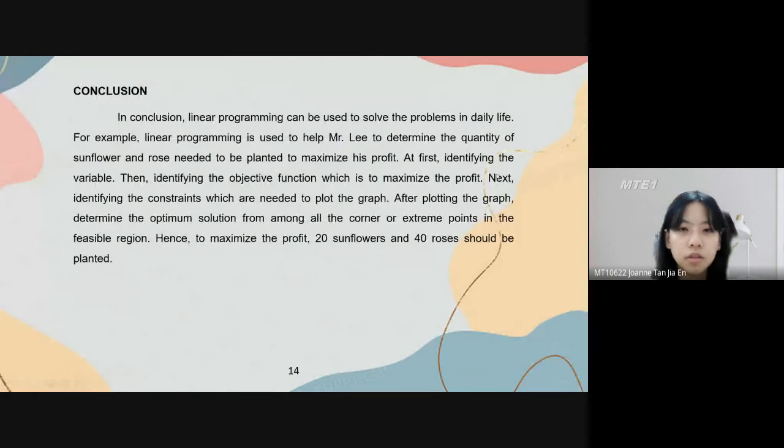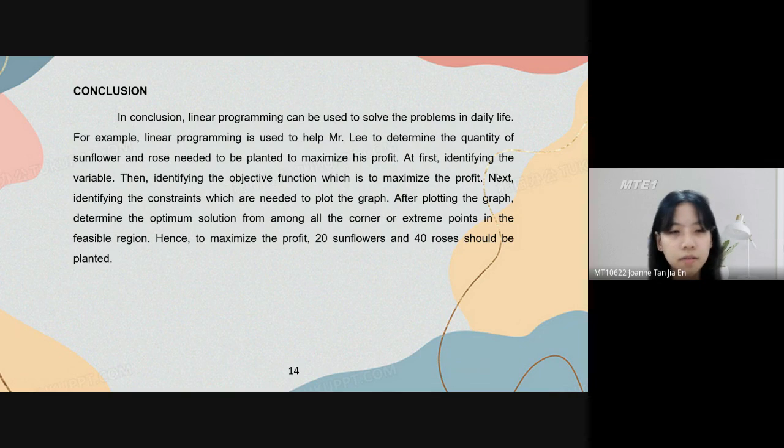In conclusion, linear programming can be used to solve problems in daily life. For example, linear programming is used to help Mr. Lee determine the quantity of sunflowers and roses needed to plant to maximize his profits. First, identify the variables. Then we should identify the objective function, which is to maximize the profit.